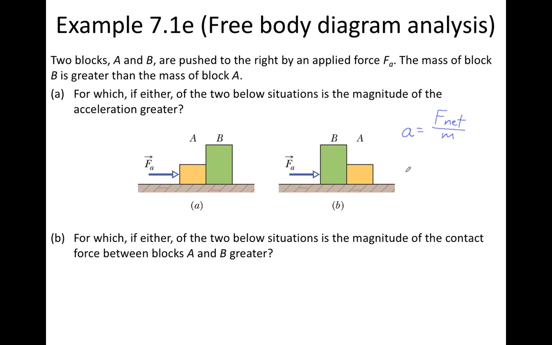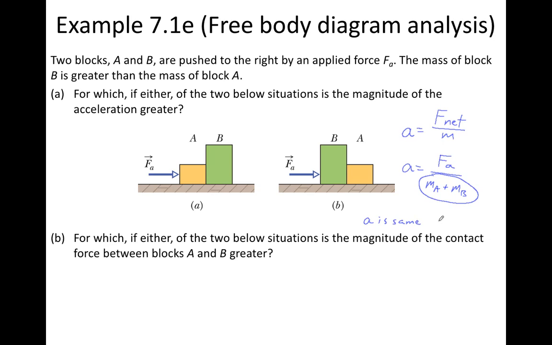Well, the net force on the system is really just the applied force, and the mass of the system is just the mass of block A plus the mass of block B. By the commutative property, this denominator is going to be the same regardless of the order that the two blocks are put in. So the applied force is the same, the denominator is the same, therefore, in either case, the acceleration is the same.